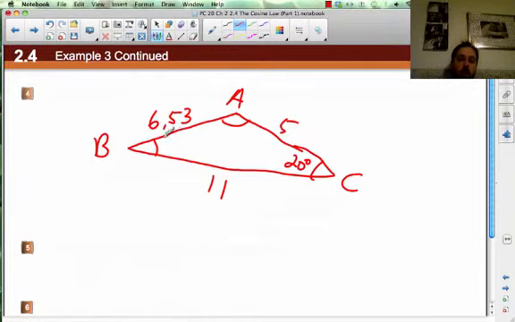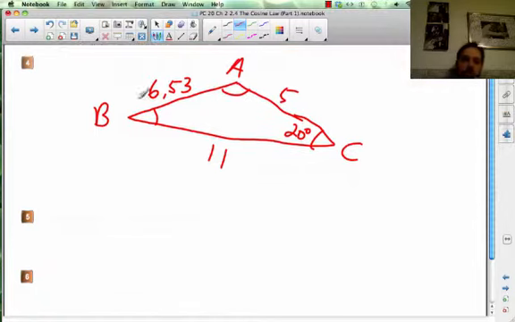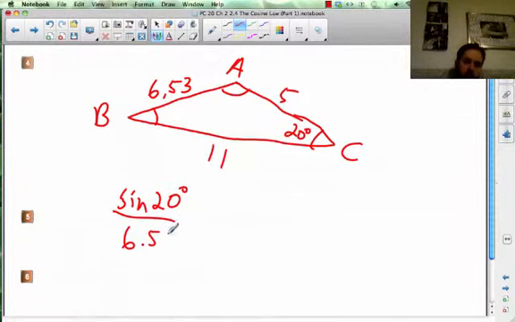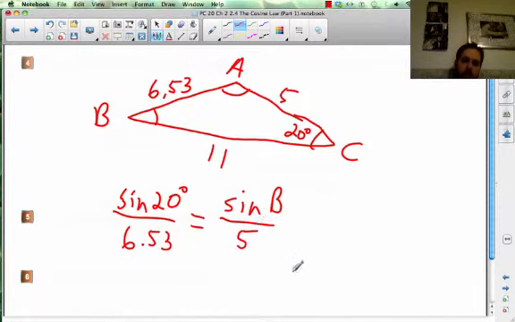So I would recommend dealing with your acute angles first, and we can use the sine law to solve for this acute angle B, and then we can just use our 180 sum rule to find angle A. So we say sine of 20 degrees, which is angle C, over side c, which is 6.53, is equal to sine of angle B, which is what we're trying to solve for, that acute angle, over side b, which is 5.